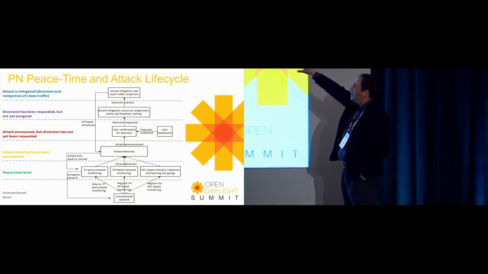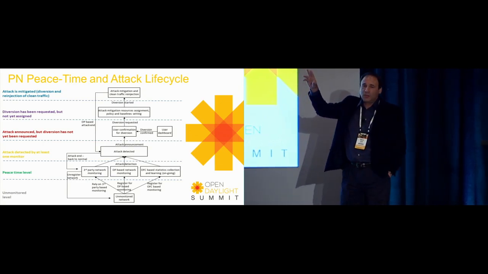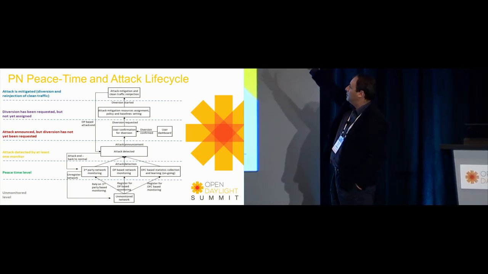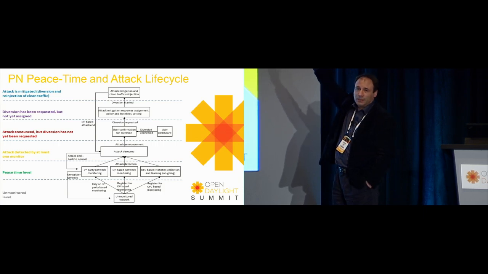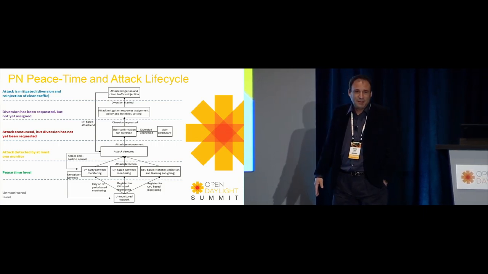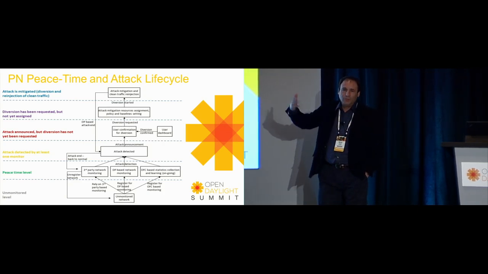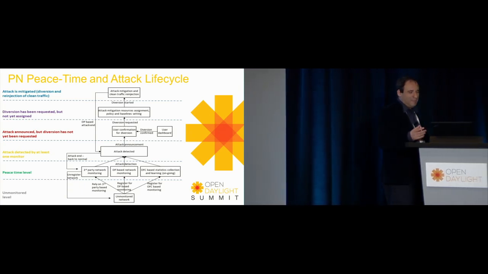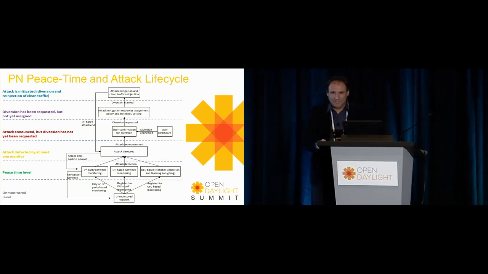An optional wait for user confirmation of any mitigation methods for that attack, and finally the mitigation itself. When everything is back to normal, then everything collapses to the peacetime level. When you remove the PN, you go to ground zero.